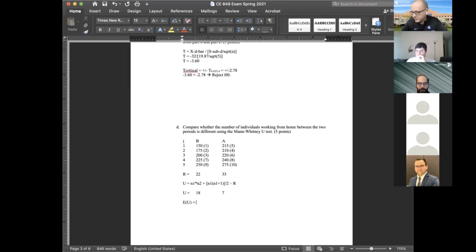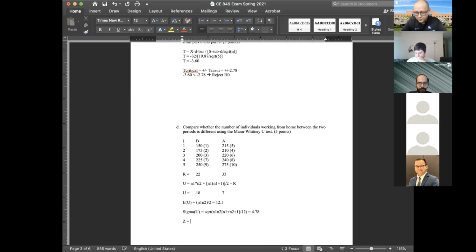And so that expected value of U is going to be N1 times N2 over 2, which in our case is going to be 12.5 because both of those sample sizes are equal to 5. Sigma U is going to be equal to the square root of N1 times N2 times (N1 plus N2 plus 1) divided by 12, and the square root of that whole thing gives us 4.78 for sigma.